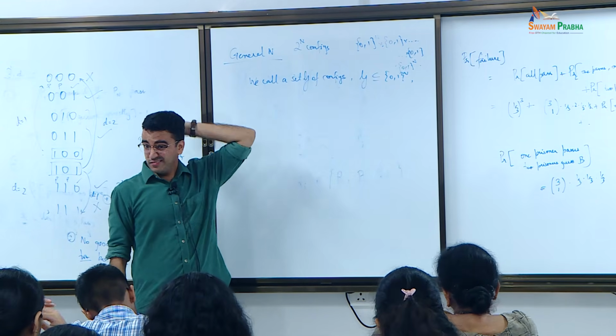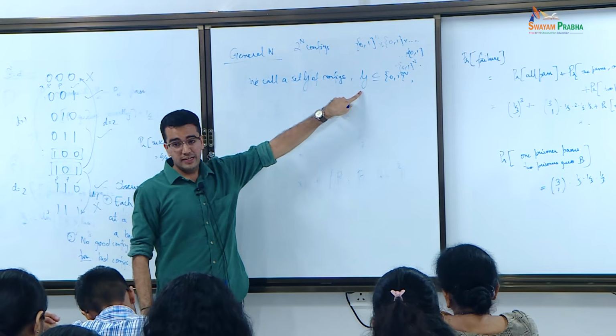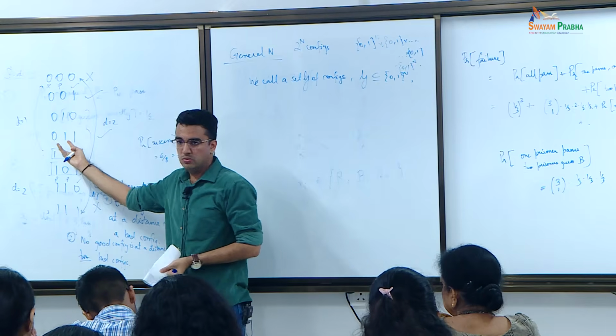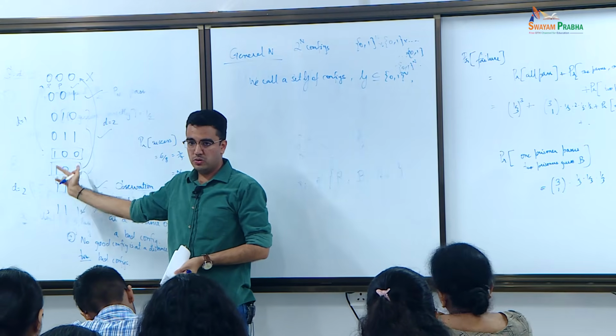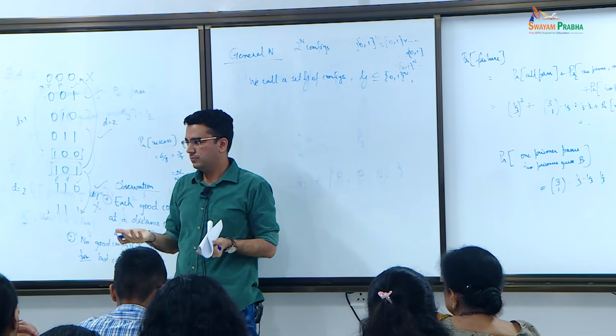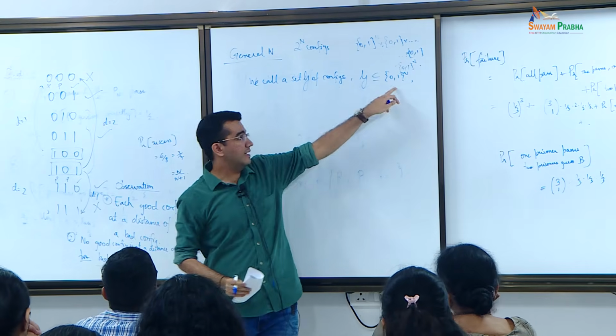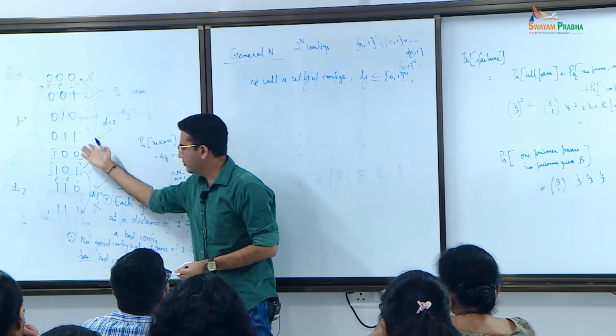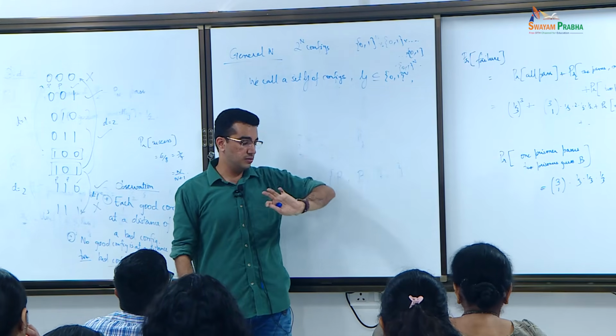You see what this means? G is a collection of configurations. G is a collection of values like 0, 1, 0, 0, 1, 1, 1, 0, 0, 1, 0, 1. It is a collection, it is a set. It is a set that lies inside this set. Why? Because all of them are n tuples here.